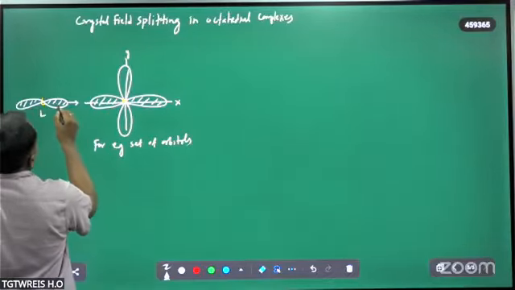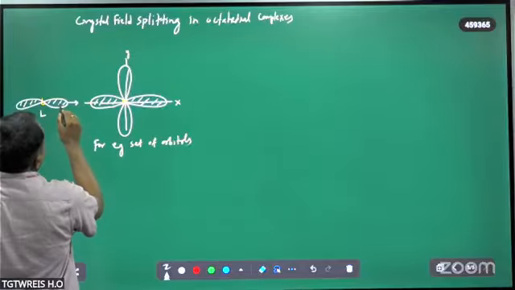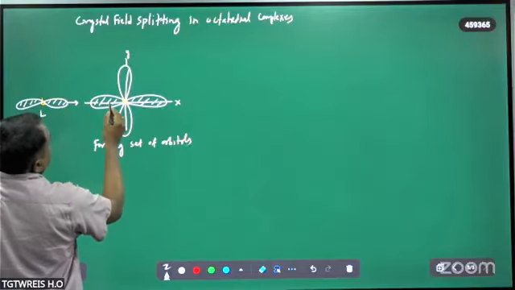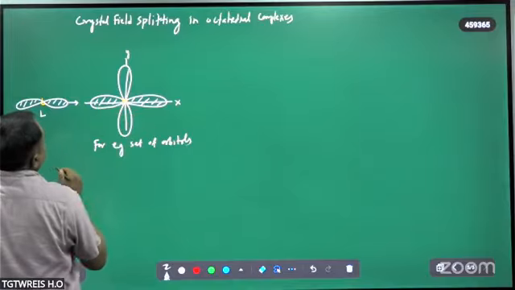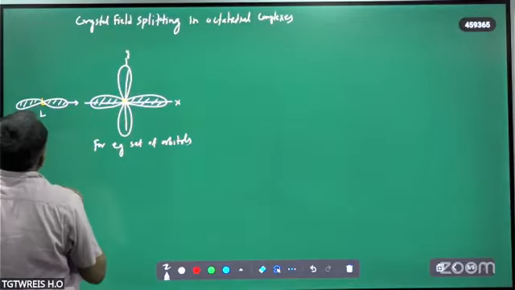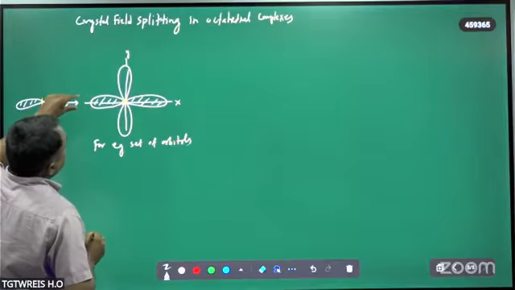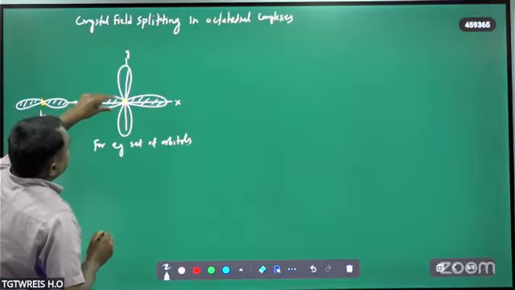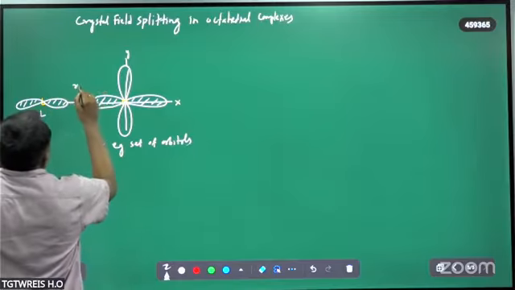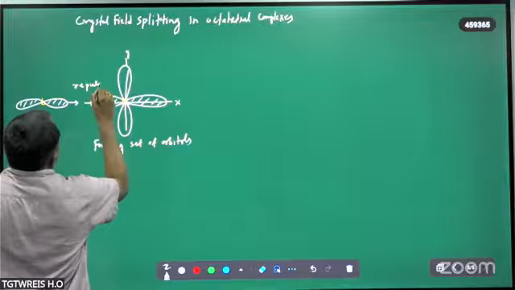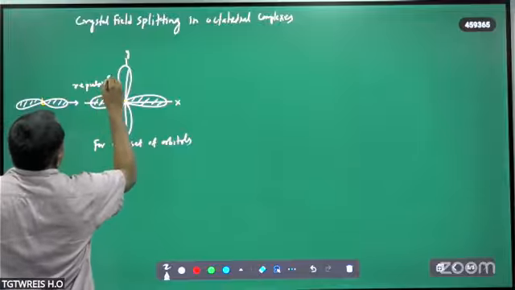So the lone pair electrons of this ligand and the d orbital electrons of this metal atom. When the ligand is approaching along the eg set of orbitals axis, repulsion increases.